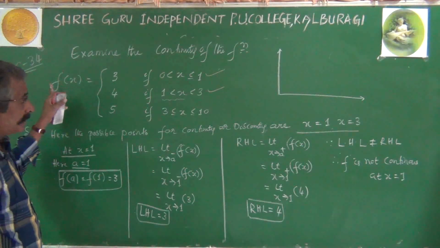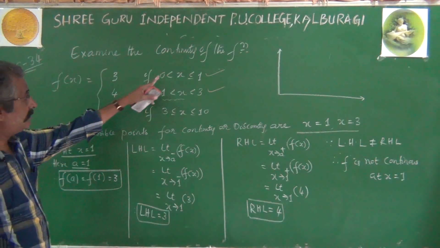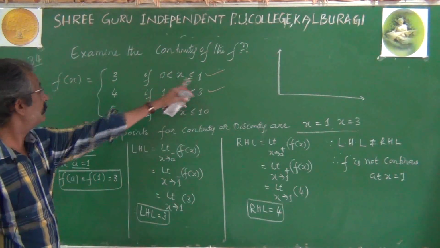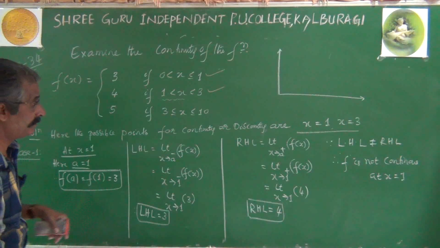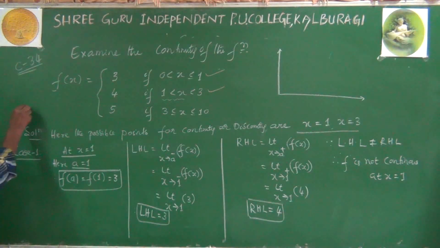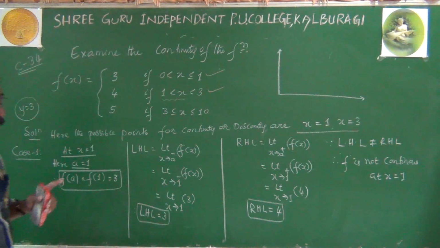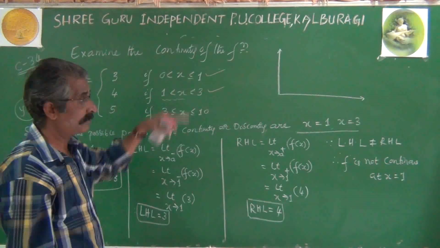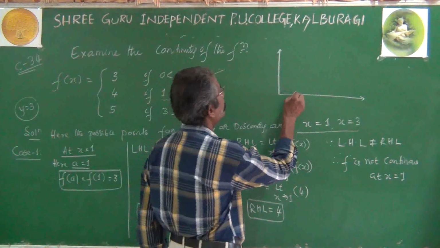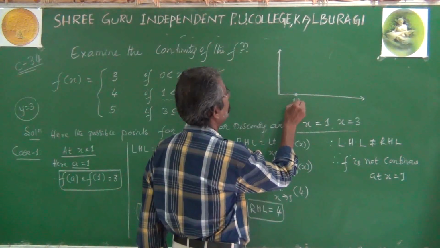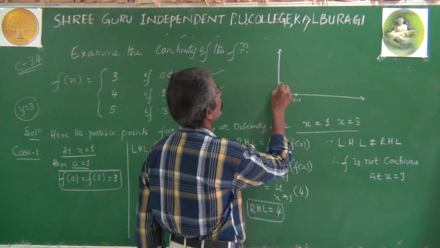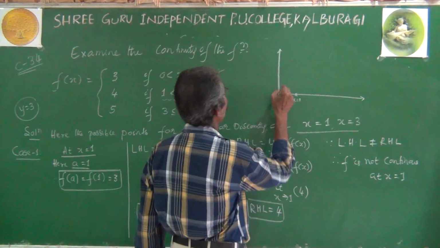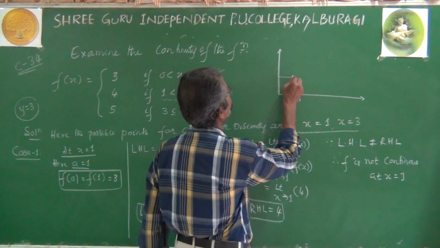So f of x means y, understandably. Whenever x lies in the interval 0 to 1, the function value is 3, meaning y equal to 3. What's the meaning of y equal to 3? It is a straight line parallel to the x-axis in that interval. So this is the point x equal to 1. In this interval, we have y equal to 3, say 1, 2, 3.